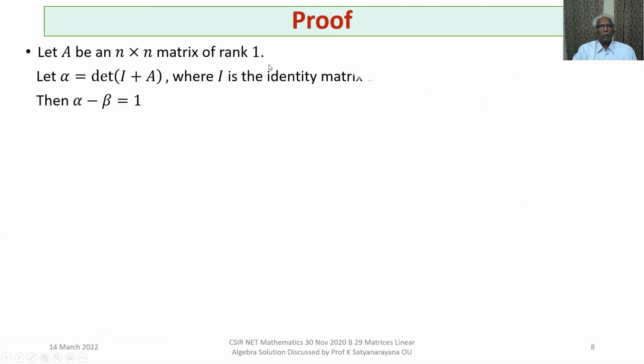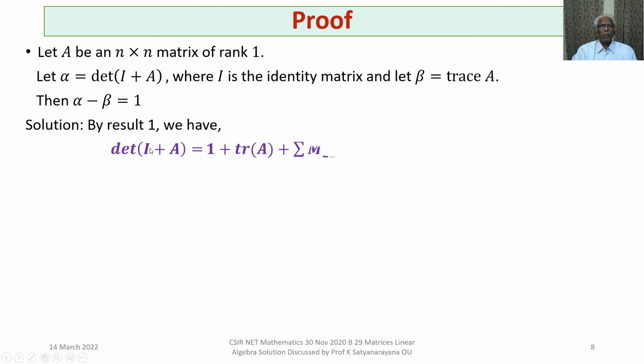This is the theorem now for us, and the solution. By result 1 we have the determinant of I plus A is equal to 1 plus trace of A, and by result 2 we have the determinant of I plus A is equal to 1 plus trace of A plus sigma M22 plus sigma M33 plus ... sigma Mnn, which is in fact the determinant of A. Because the matrix A is of rank 1, all its ith principal minors for i greater than 1 are 0.